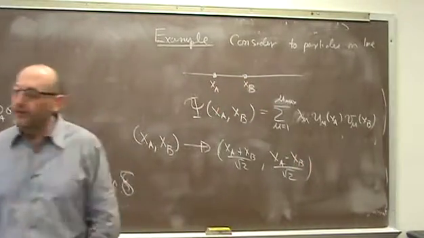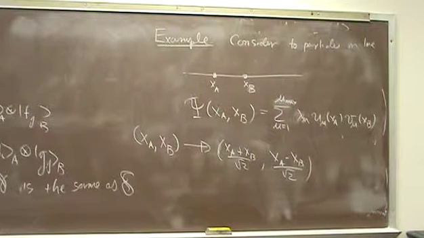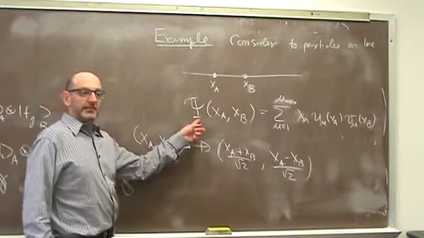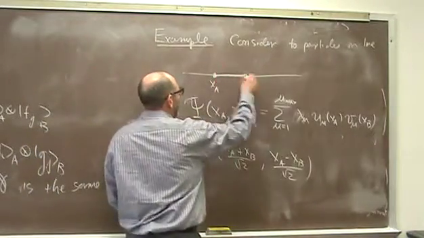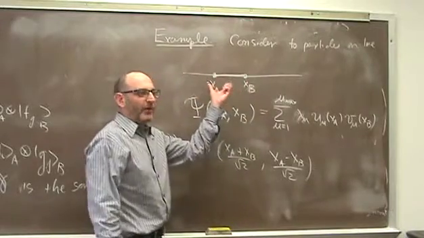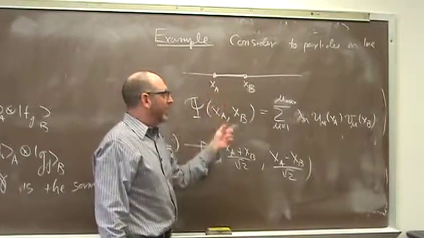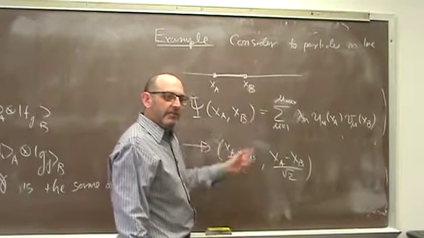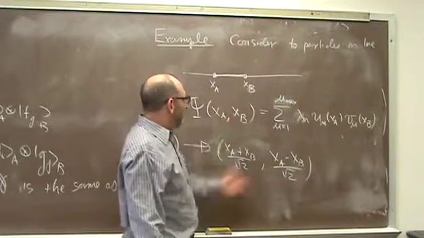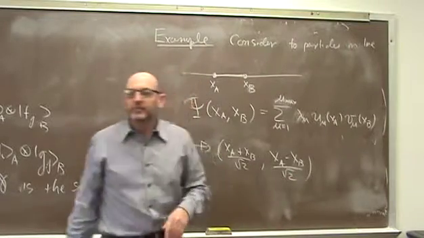That's a perfectly good basis change on my two-particle wave function. If this state were a bound state of the two particles, then it might look entangled with respect to A and B, but separable with respect to these coordinates.